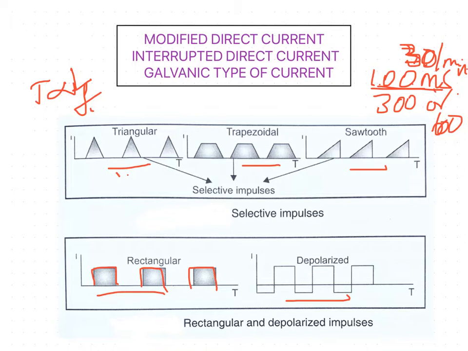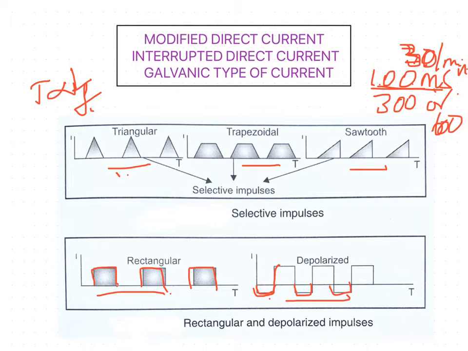Here you can see the reversed waveform we are getting. This appears somewhat sinusoidal, isn't it? Such kinds of waves are called depolarized impulses.